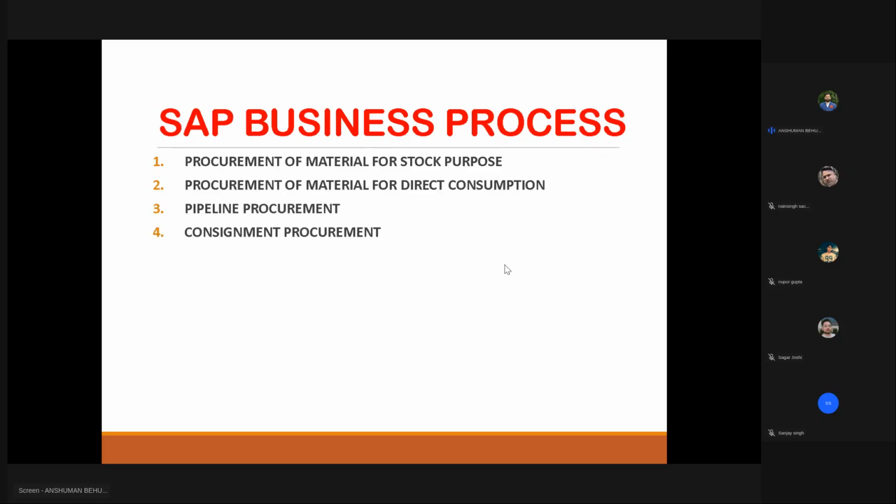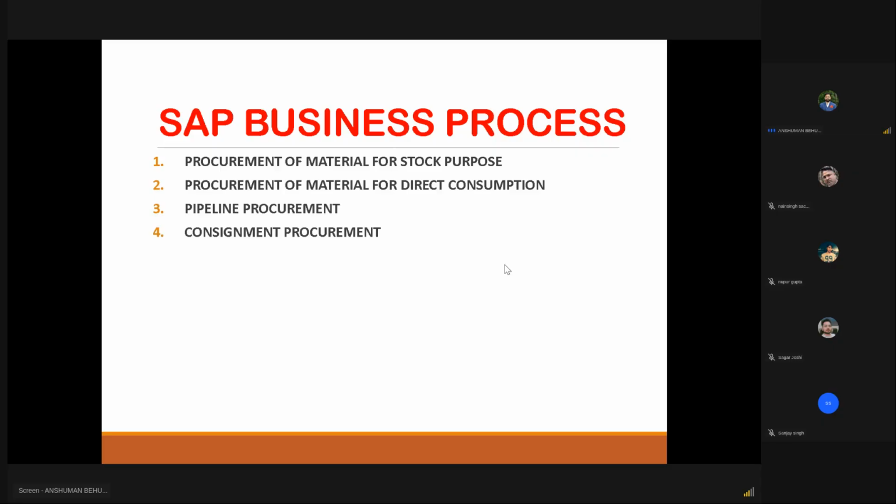So in that case you can just provide your material. After the material is sold, you can get your payment. In businesses also, they will use these kind of methods for new suppliers, new vendors, or certain processes. So in that they will use this one.